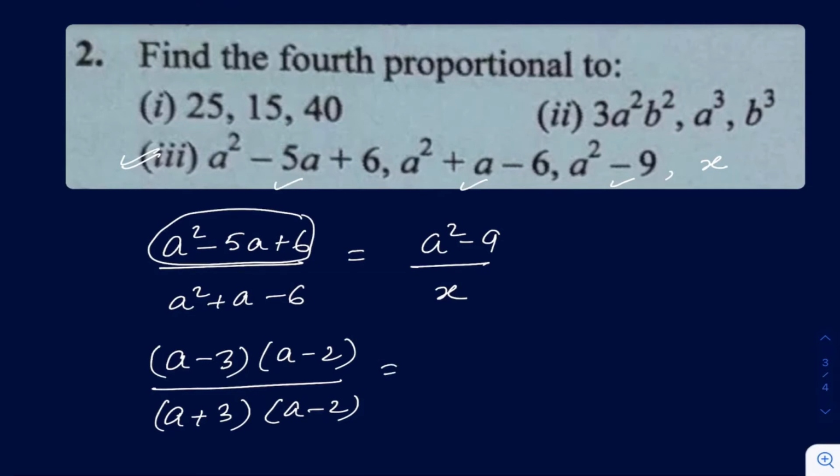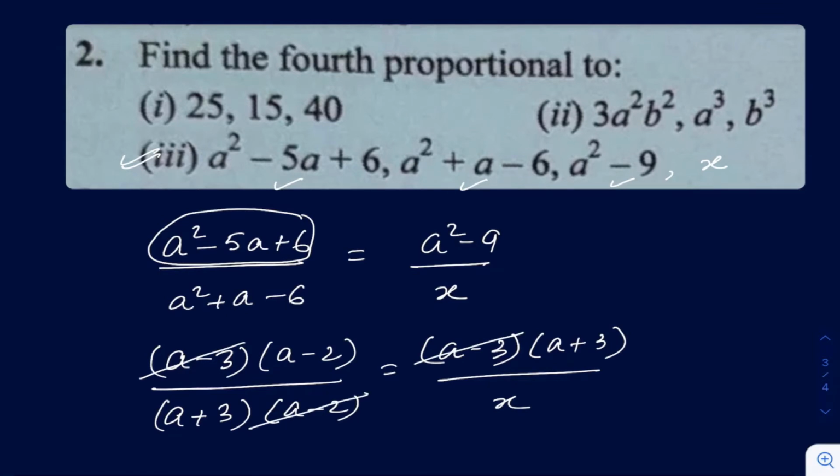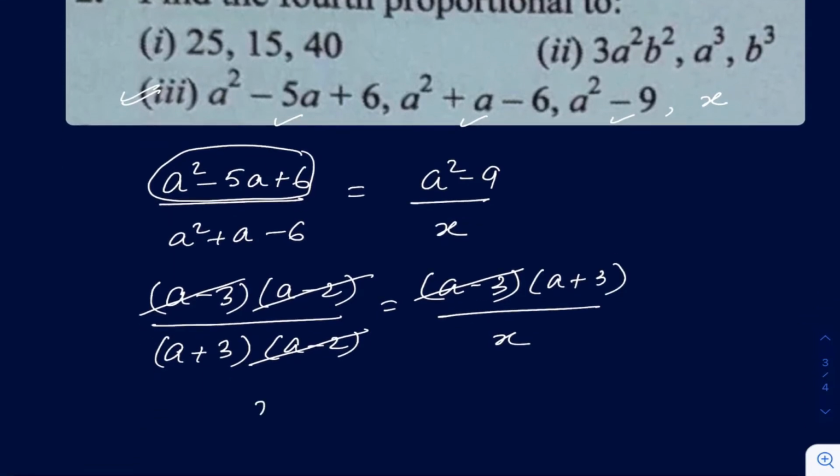On the other side, you can write a minus 3 and a plus 3. So cancel out whatever is possible. You see, all these things are cancelled. So it means x is equal to a plus 3 into a plus 3, or you can say it is a plus 3 whole square.